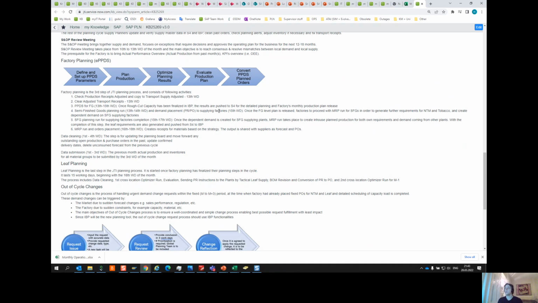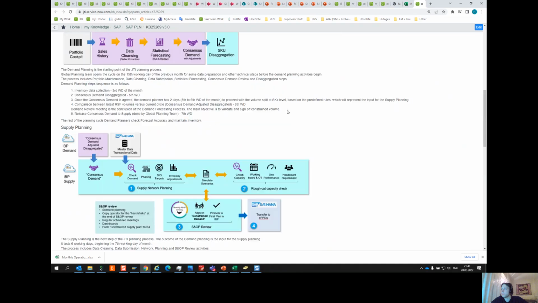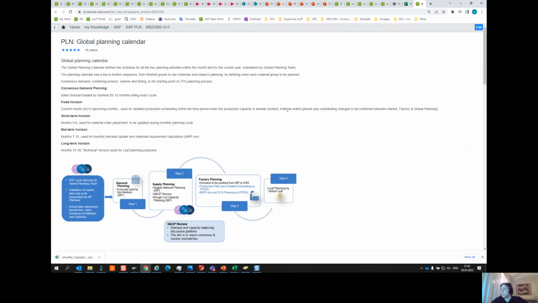As for me, IBP seems an extremely interesting solution, an extremely interesting platform to discover, and someday I would like to have a profound understanding of how IBP works and how the planning process actually works step by step. But as for now, I can only provide a brief overview of how I see this process.